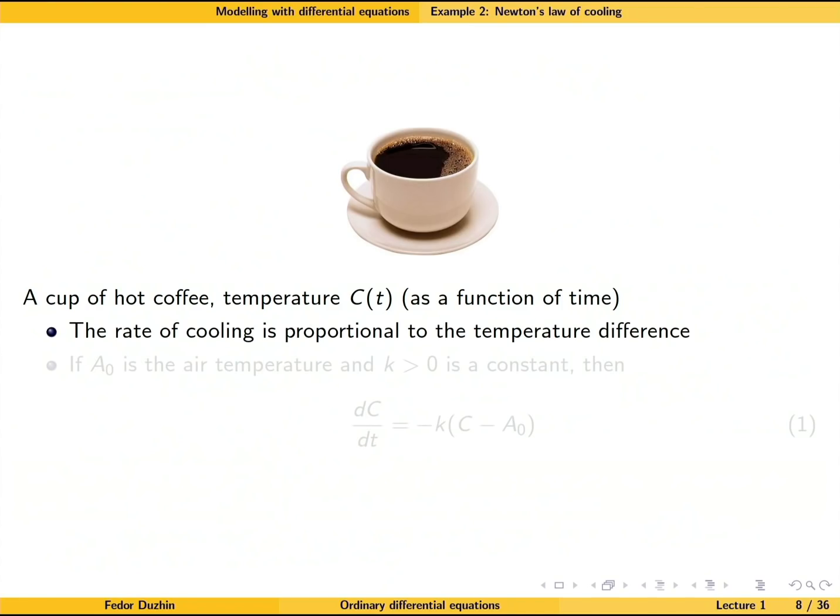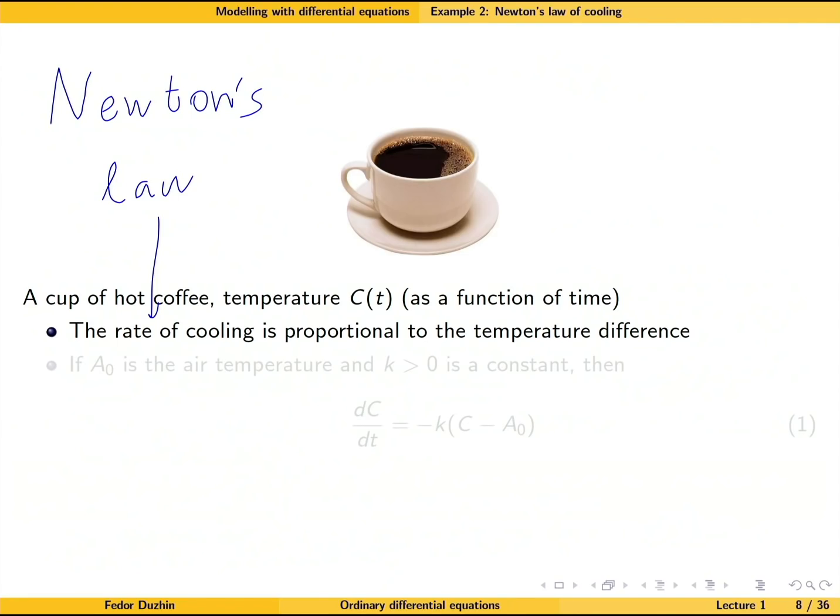And this is Newton's law of cooling: the rate of cooling is proportional to the temperature difference. The rate of cooling is nothing else but the derivative of the temperature with respect to time.